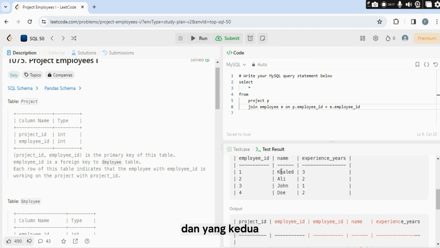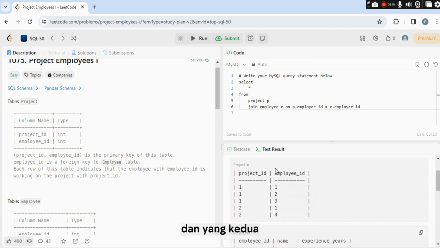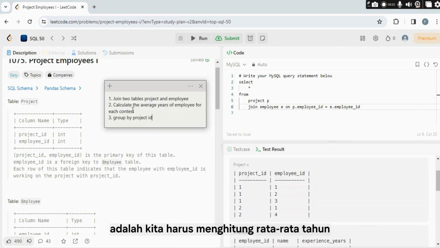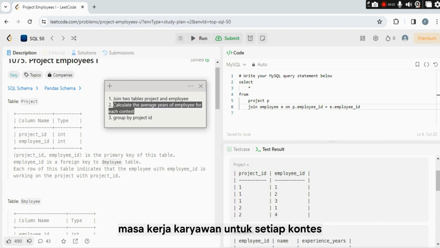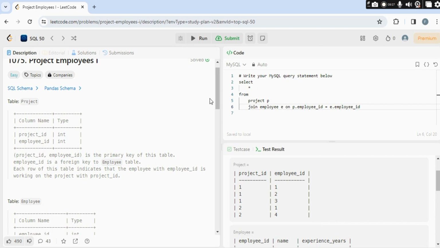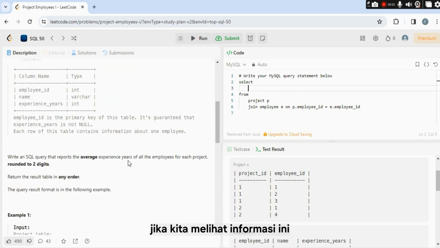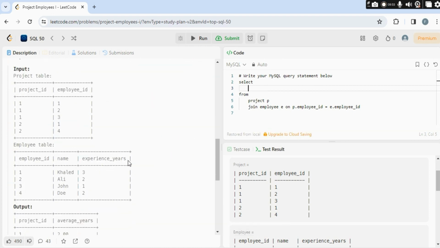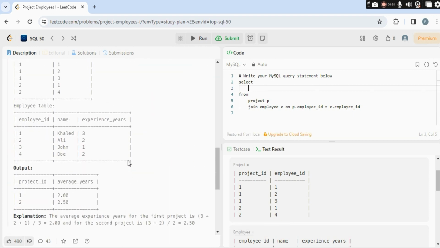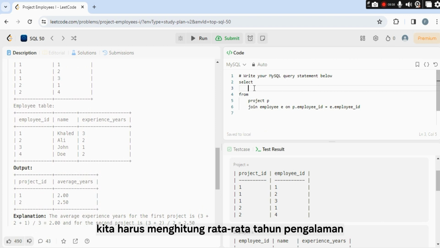And then the second one is we have to calculate the average years of employee for each project. If we look at this information, we have to calculate the average of experience years.